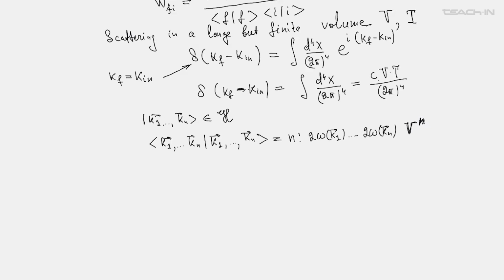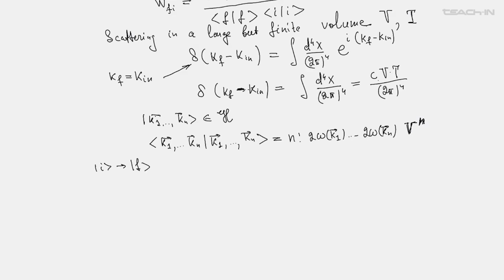Now, let me not for the moment dwell much on this normalization issue, and just continue with saying that the transition probability for the scattering of the initial state into the final state depends on time. You see, it now explicitly depends on time.